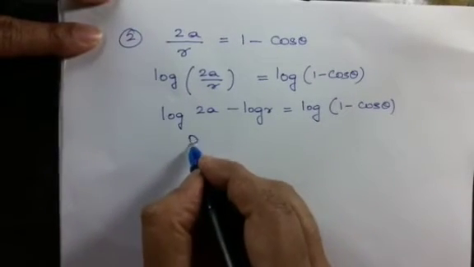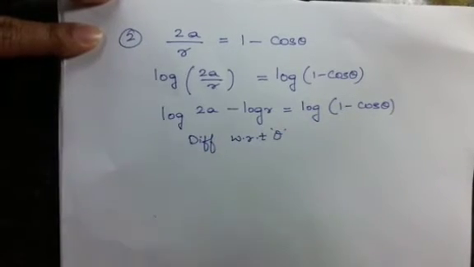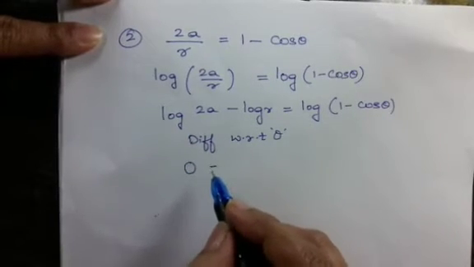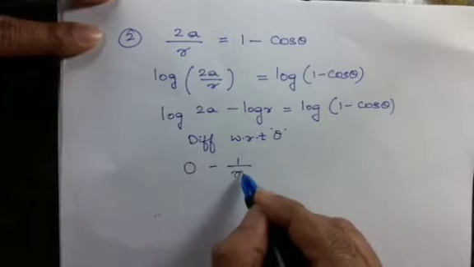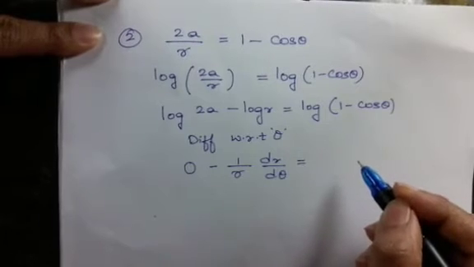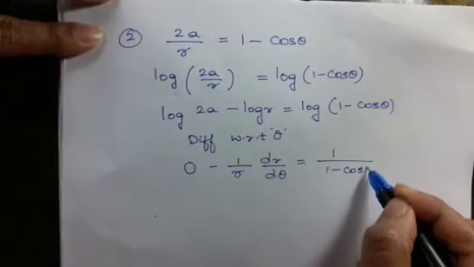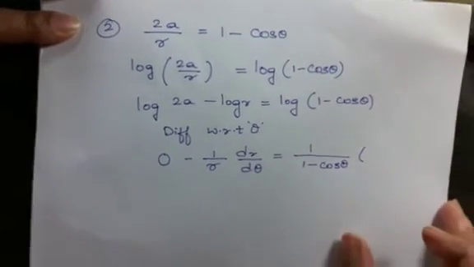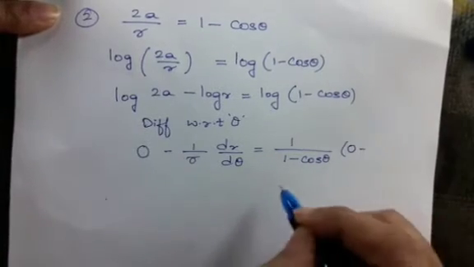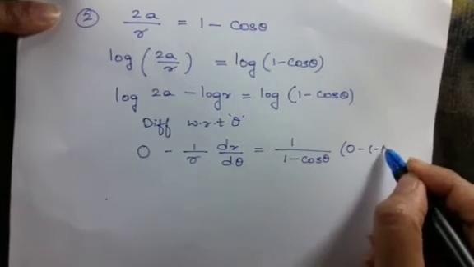Now I will differentiate this with respect to theta. Log 2a is constant, its differentiation is 0. Log of r gives 1 by r dr by d theta. Differentiation of log of 1 minus cos theta is 1 by 1 minus cos theta. Again if you differentiate 1 minus cos theta, 1 is constant, differentiation is 0, and minus cos theta's differentiation is minus sin theta, right?